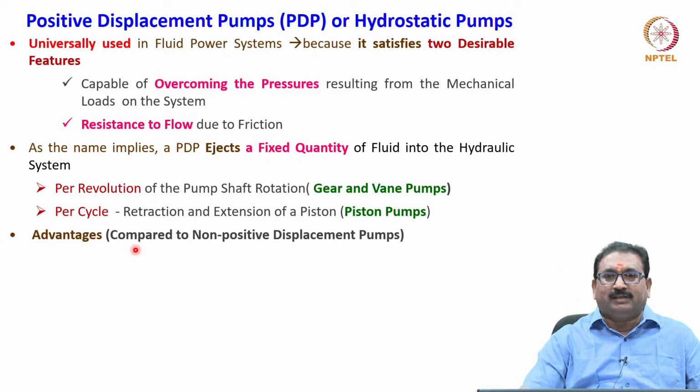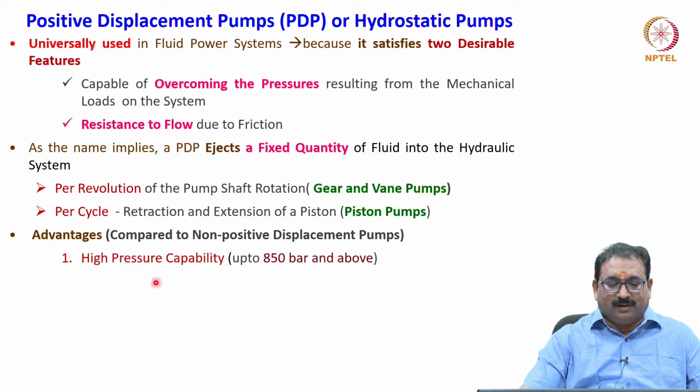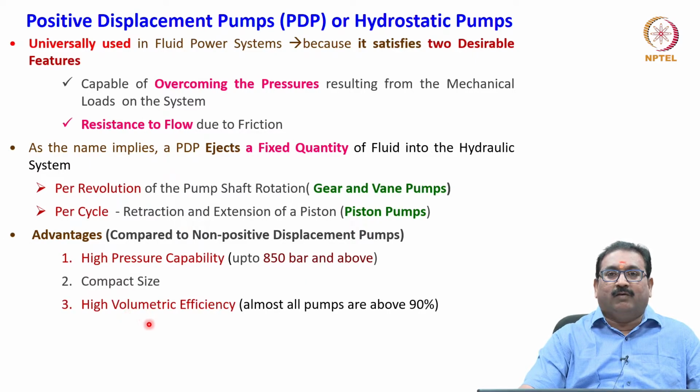So, advantages compared to non-positive displacement pumps are high pressure capability, meaning up to 850 bar and above is also possible based on the design. Compact size, high volumetric efficiency. Almost all pumps are above 90%.